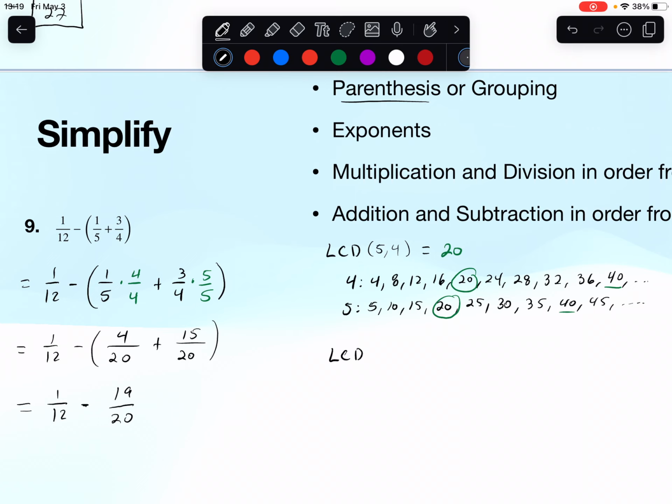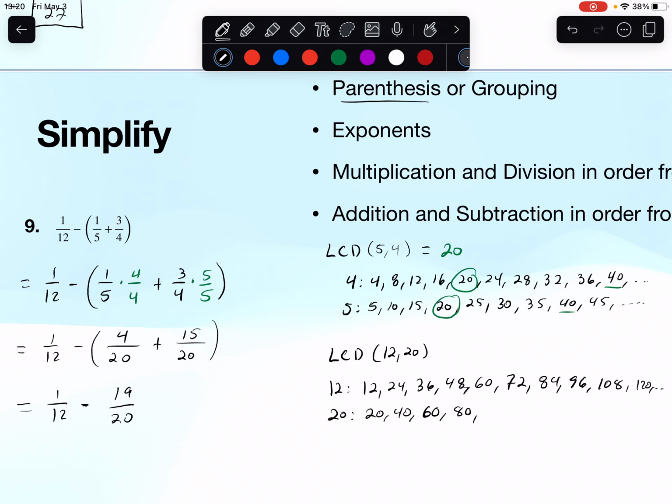If we want to look at the LCD of 12 and 20, 12 does not go into 20. So we'll look at multiples of 12: 12, 24, 36, 48, 60, 72, 84, 96, 108, 120, etc. And multiples of 20: 20, 40, 60, 80, 100, 120, etc. And so we see our least common denominator here is 60.